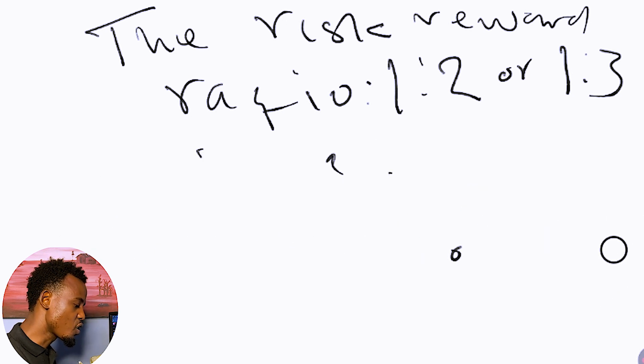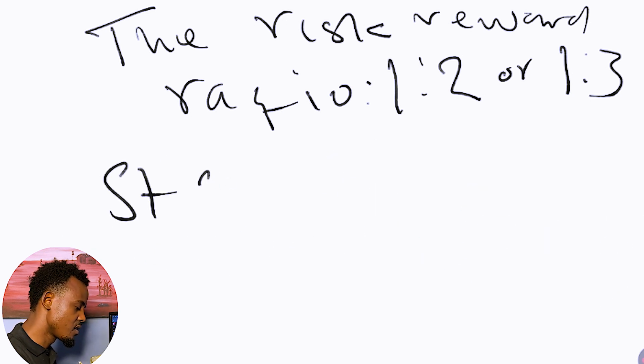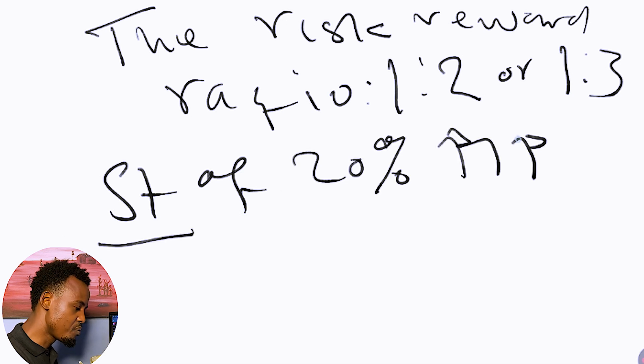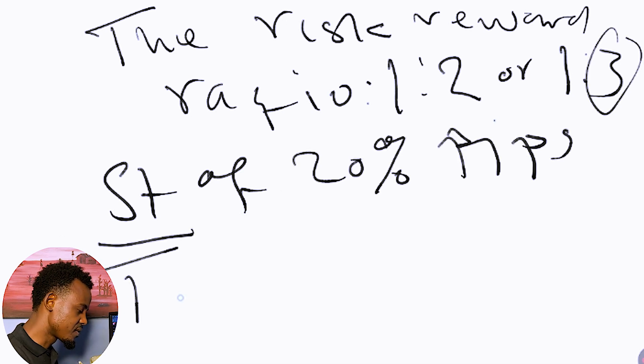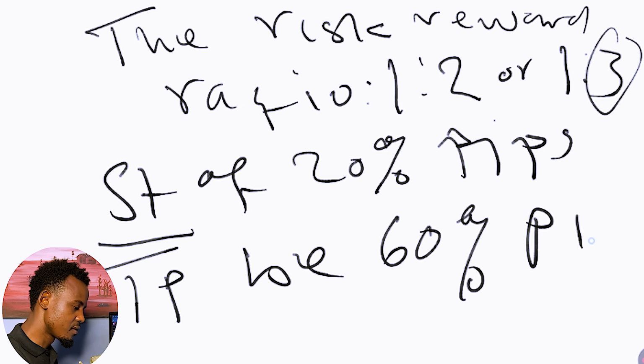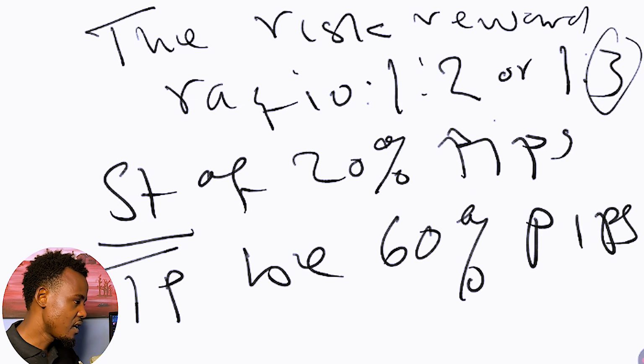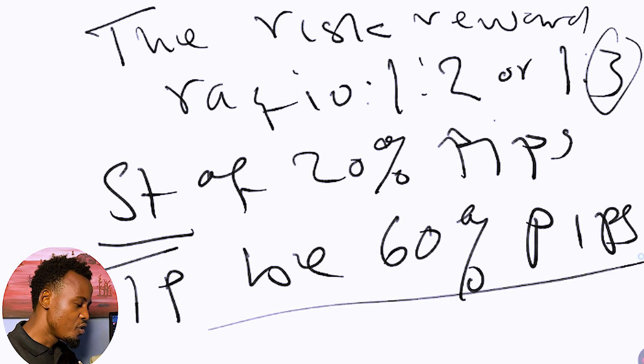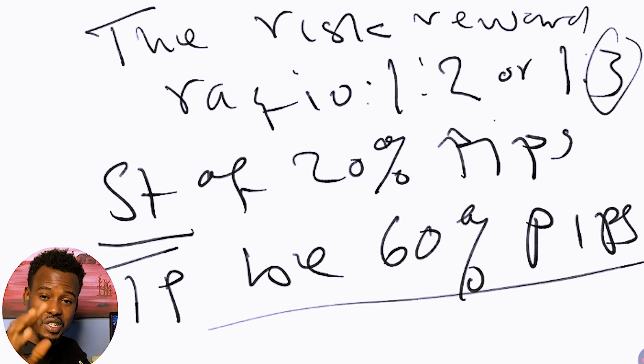If you're putting a stop loss of 20 pips, let your TP be 60 pips. That's what risk reward ratio is. Once you know this, you will know how to manage risk properly.